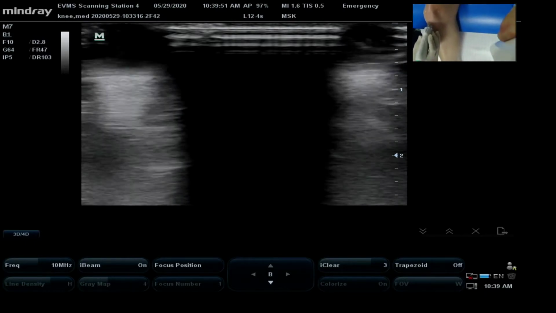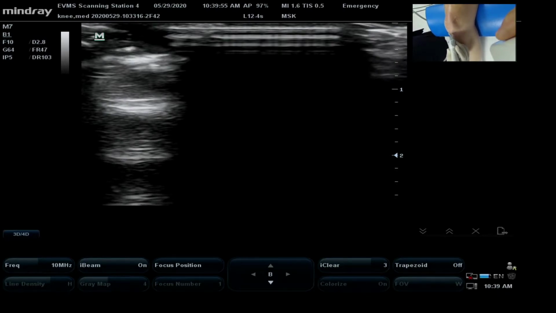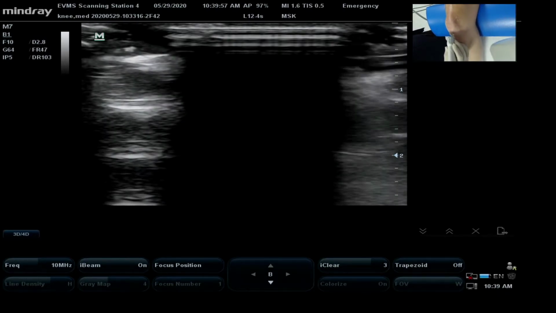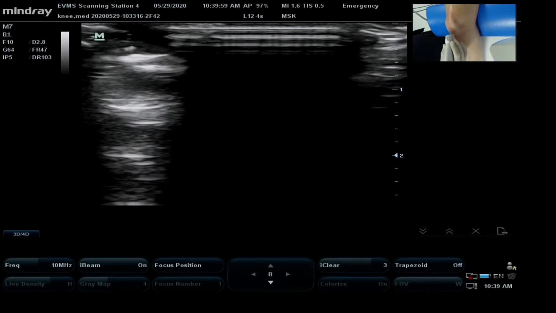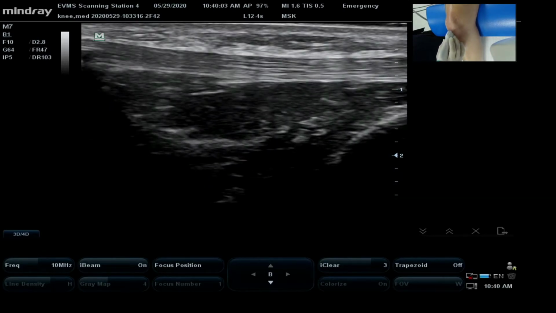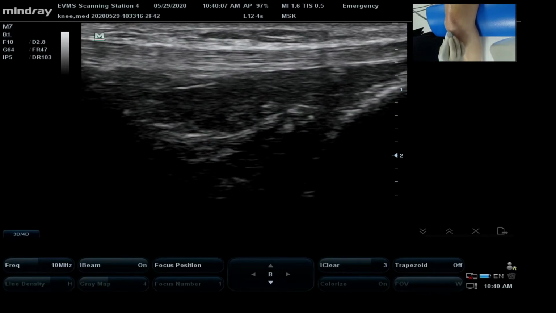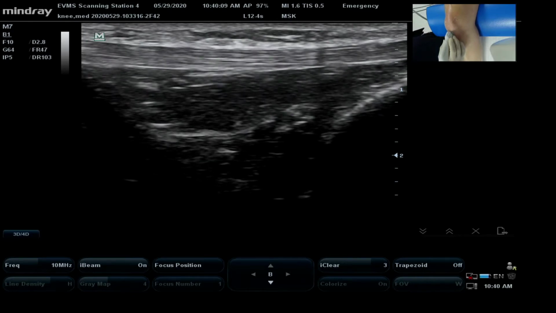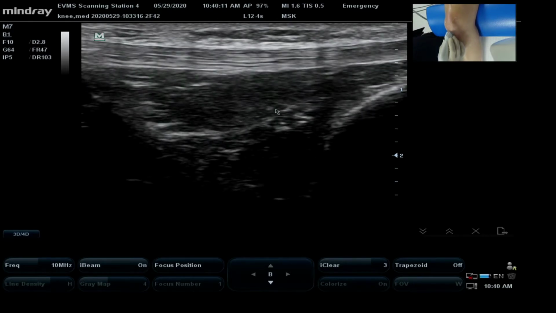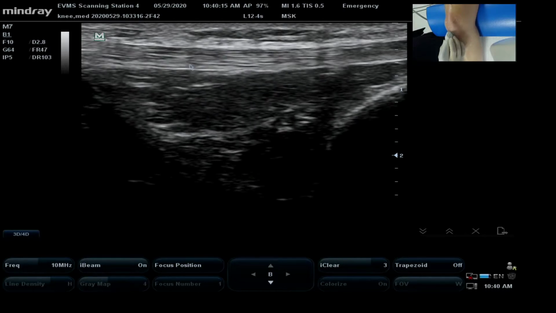So again, my probe is going to be facing proximal when I'm doing MSK long axis, and I'm going to put that probe right at the kneecap, and right away, very superficially, we're going to see the tendon fibers, that classic fibrillar pattern of the tendon fibers.